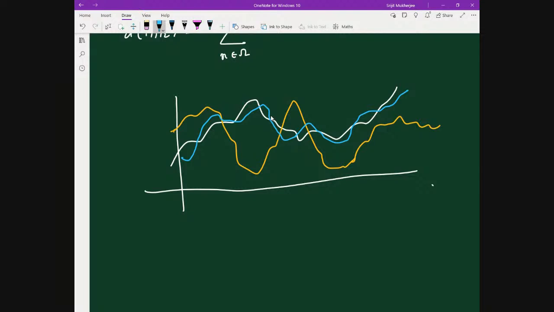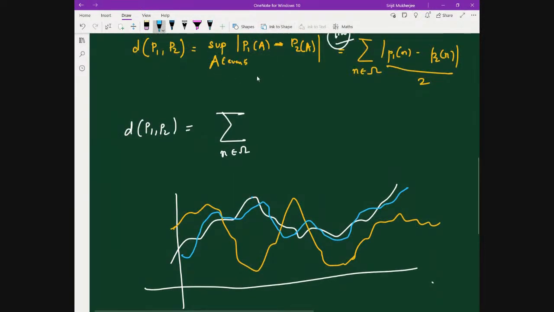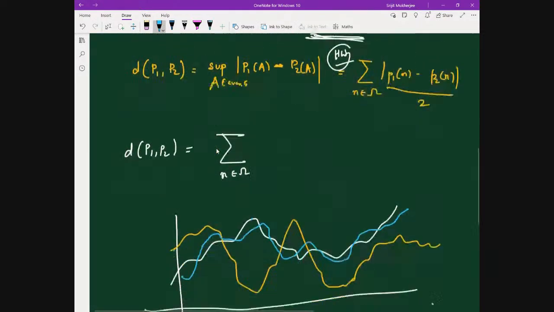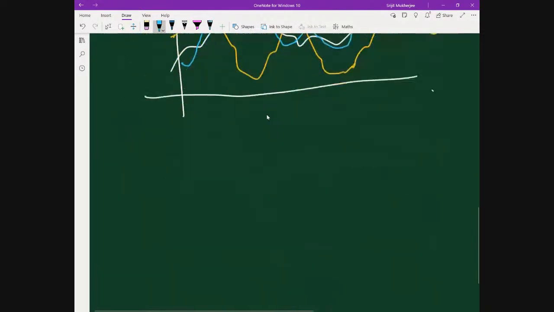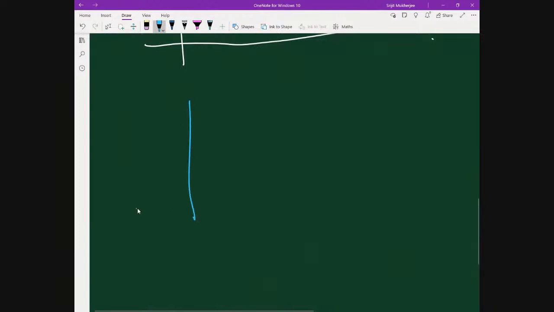It's like for some fixed x, I check f(x) for all these three functions and then see how much distance they have. Yeah, but now you have all the x's, so you have to take all that into consideration. So one idea is taking the supremum over all such x's. Here, instead, it is a discrete distribution, so here it will look like this.